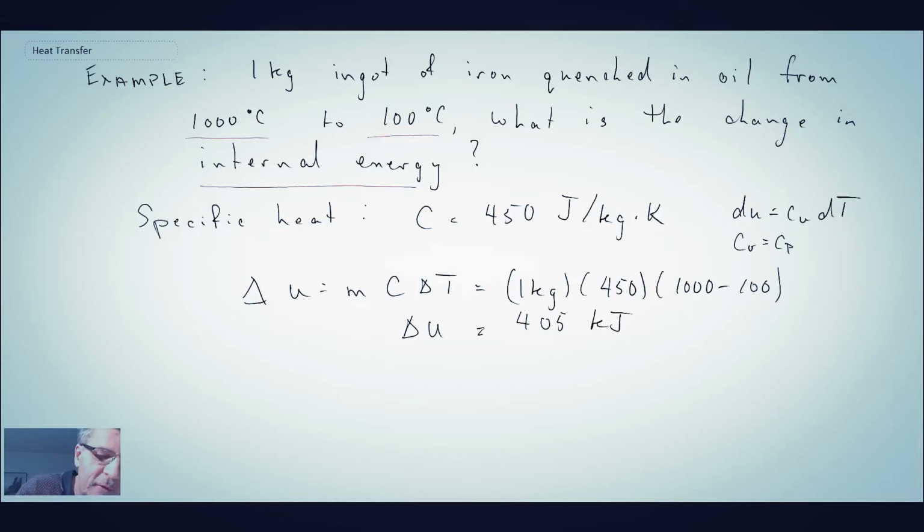Okay, so that's pretty typical of something that you'll see in thermodynamics. You evaluate 405 kilojoules. Everything seems great. You've solved the problem. However, there's some other questions that you may ask.